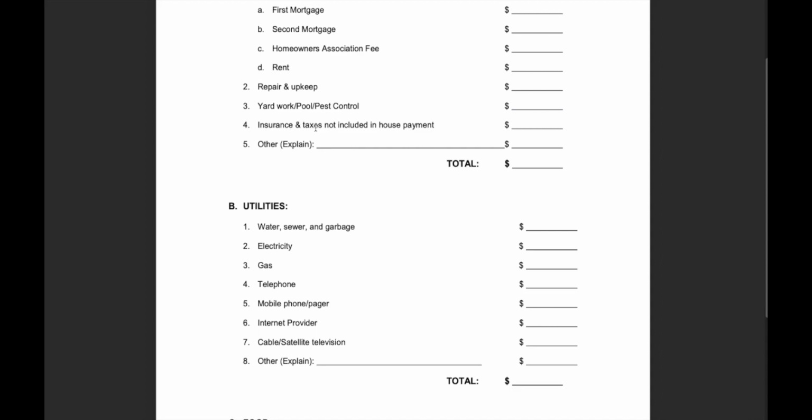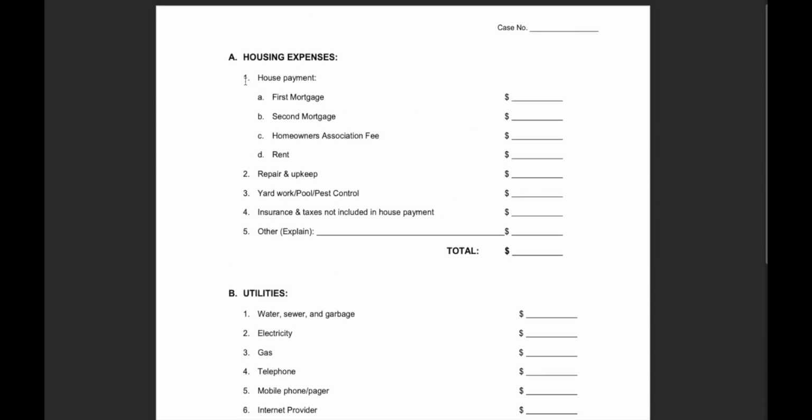Insurance and taxes not included in the house payment. If you do not have a house payment, please indicate 0. Any other expenses associated with your rent or mortgage that are not listed up above, please explain and indicate the amount. You're going to add your total from 1 to 5 and indicate on this line.